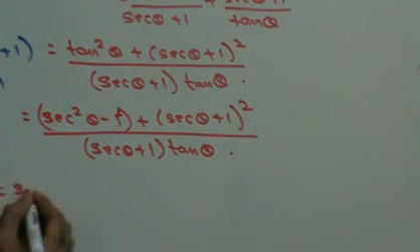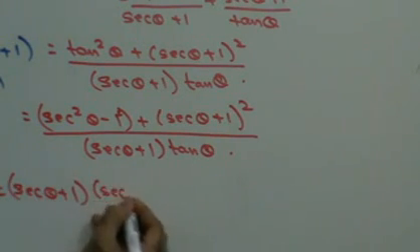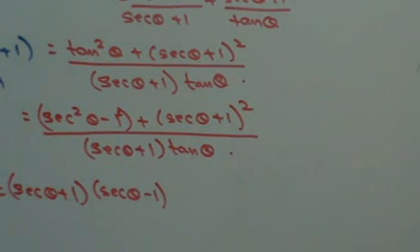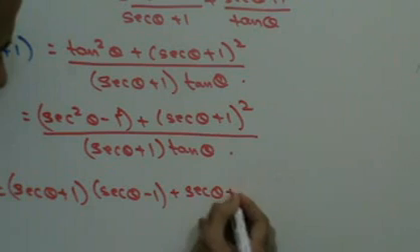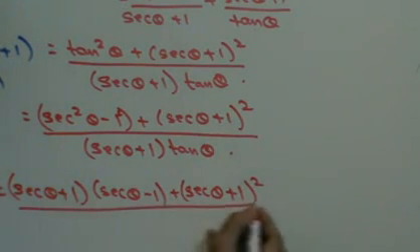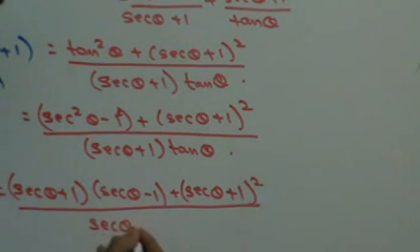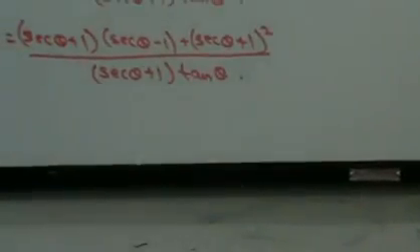This can be written as a plus b into a minus b, plus sec theta plus 1 the whole square upon sec theta plus 1 into tan theta.